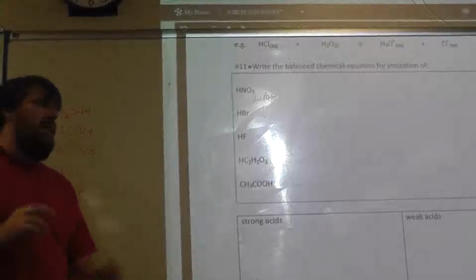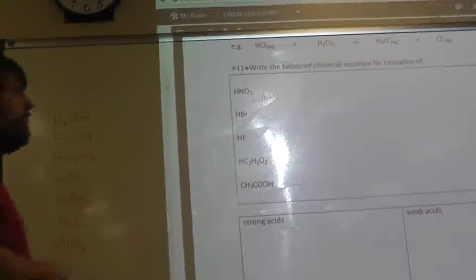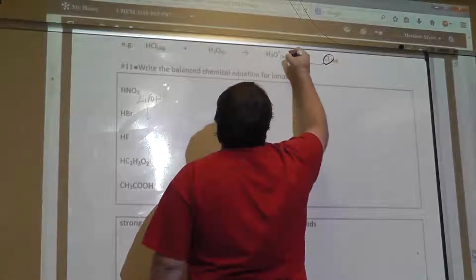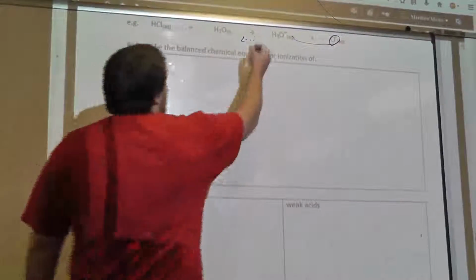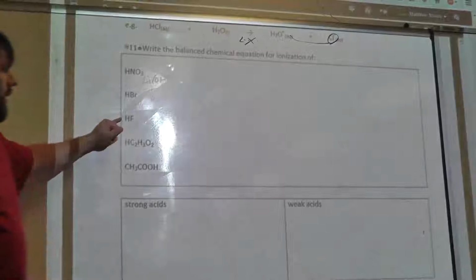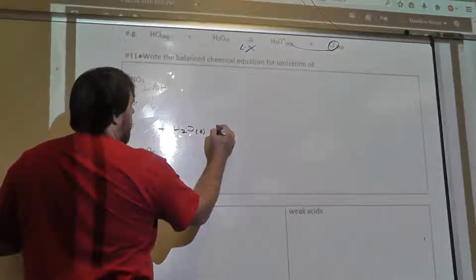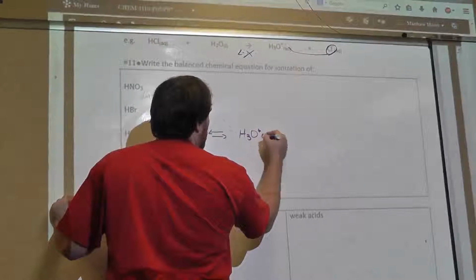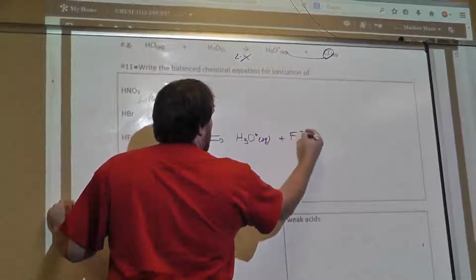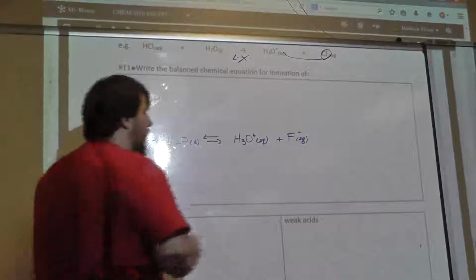It means that it's at equilibrium, it's trying to compete back and forth. So what you have happening here is once this hydrochloric acid breaks apart, this chlorine does not want to try and pick back up a hydrogen and go back across. That reverse reaction does not happen. But in the case of this hydrofluoric acid, this fluorine is wanting a hydrogen back, and it can get it back.